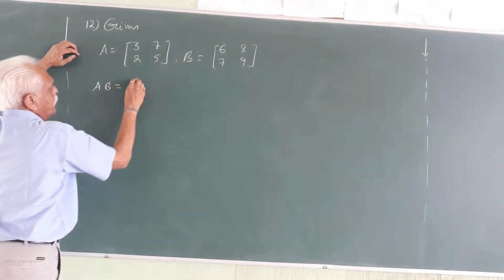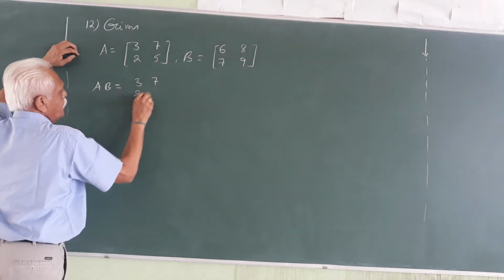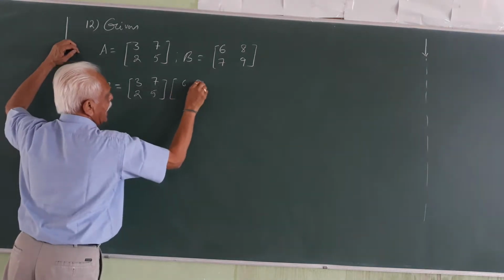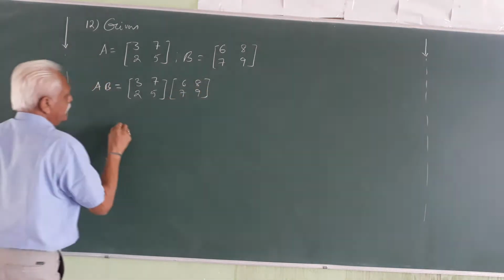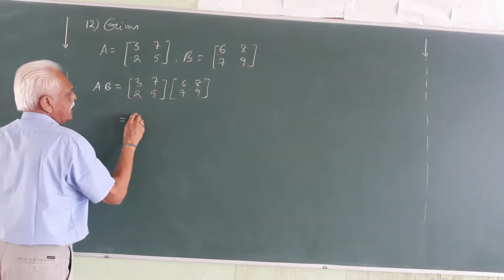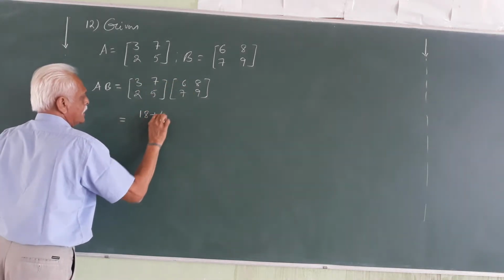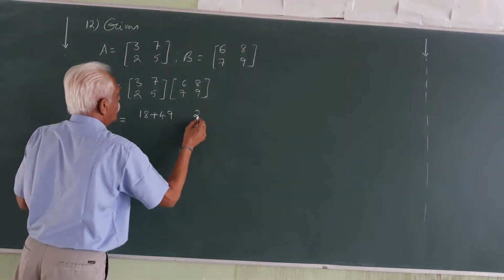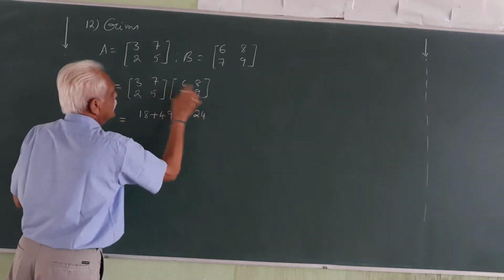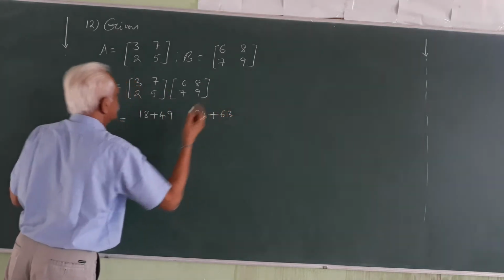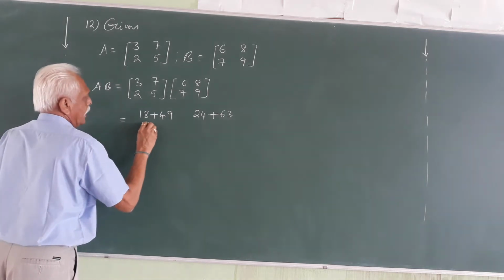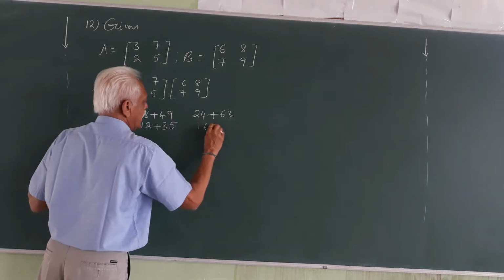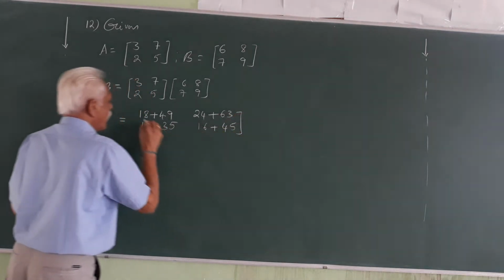AB is equal to [3, 7; 2, 5] into [6, 8; 7, 9], which is nothing but 3 6s are 18 plus 49, 3 8s are 24 plus 63. Next, 2 6s are 12 plus 35, 16 plus 45.